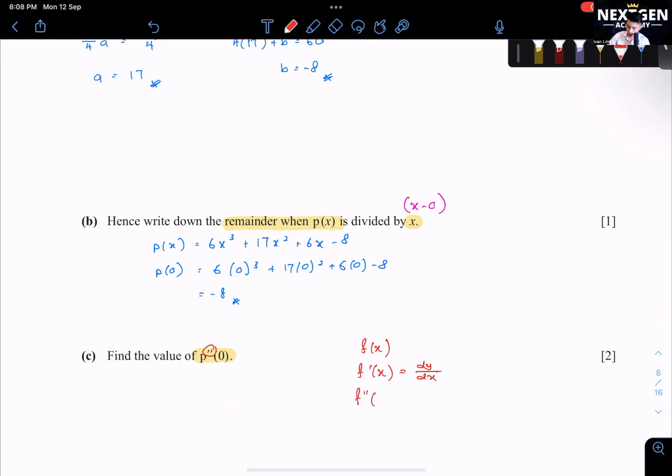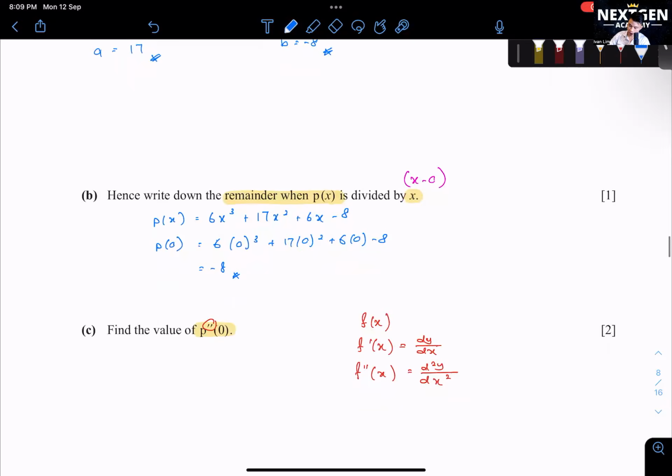F double prime x is actually d square y over dx square. Yes, correct, Dylan. So you need to understand this symbol. This one is actually taught in the very, very first part of your differentiation 1. They are just teaching you how your differentiation can be presented. I'm quite surprised that a couple of you actually don't know how to do this one. So you have to understand the symbol.